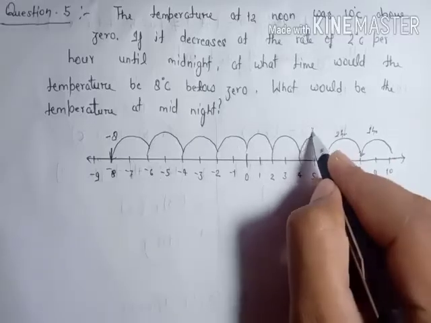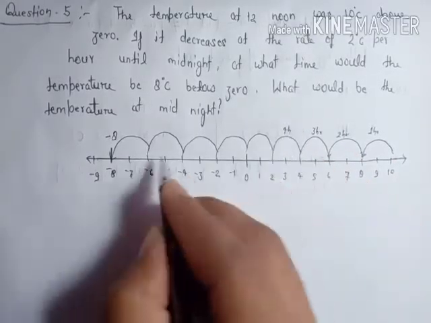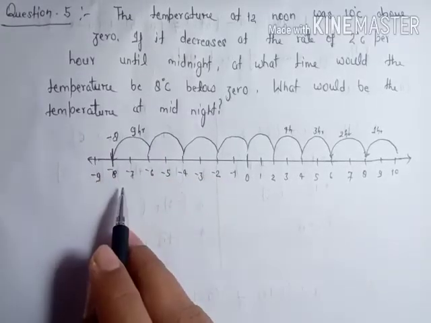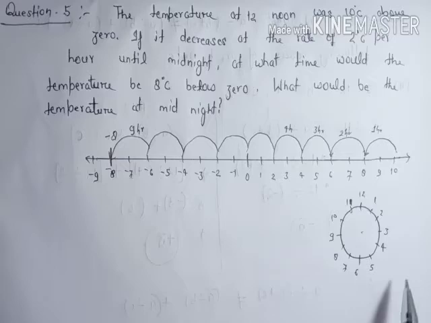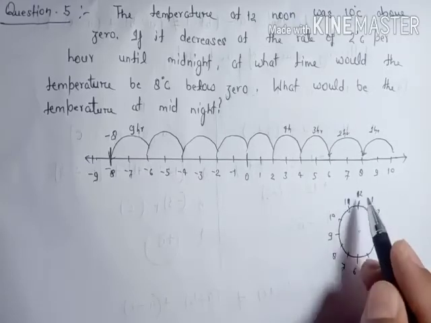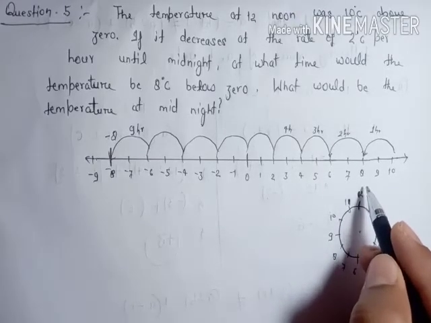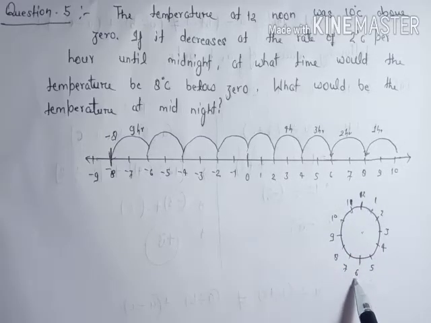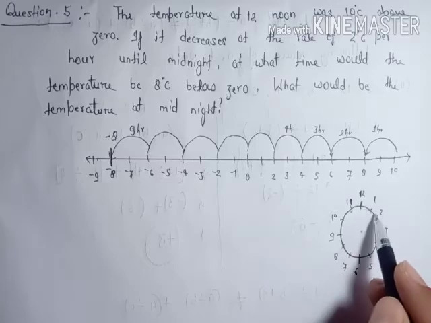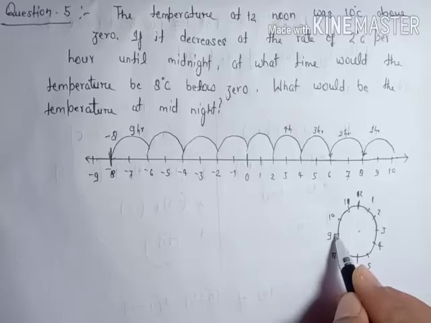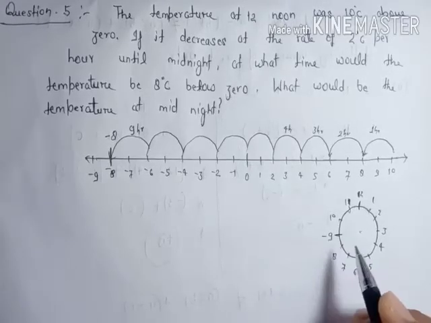It takes 9 hours to reach here at this temperature, that is minus 8. And we have a dial of a watch here. Now check this. At 12 o'clock at noon, the temperature is 10 degrees centigrade, and it takes 9 hours to reach minus 8 degrees centigrade. 1, 2, 3, 4, 5, 6, 7, 8, 9. 9 means this is the time when it reaches here.